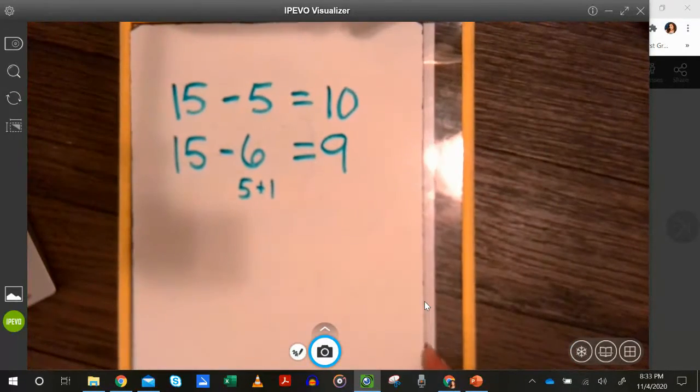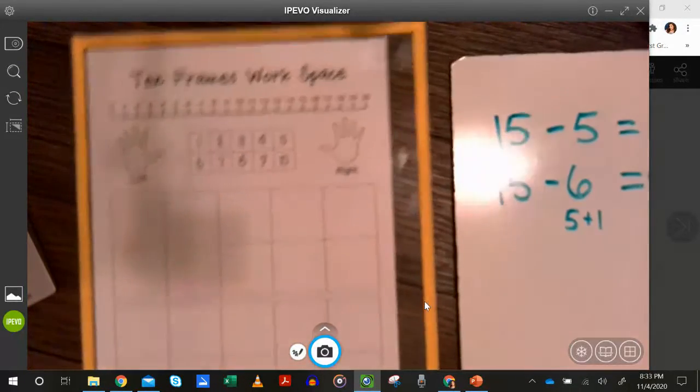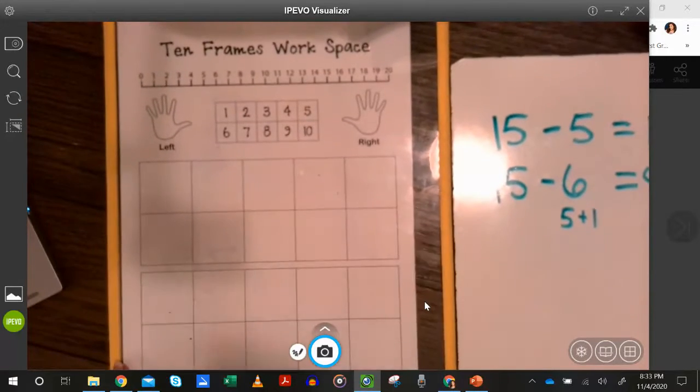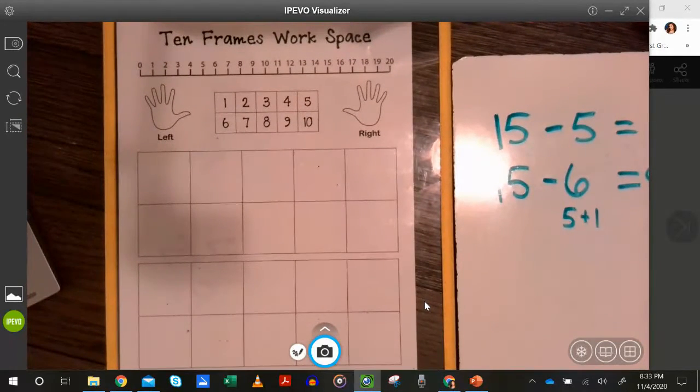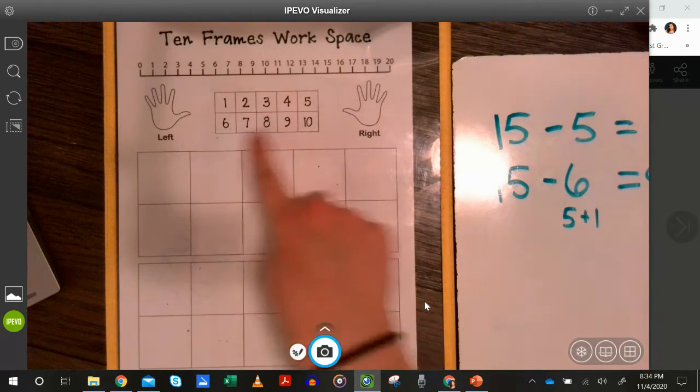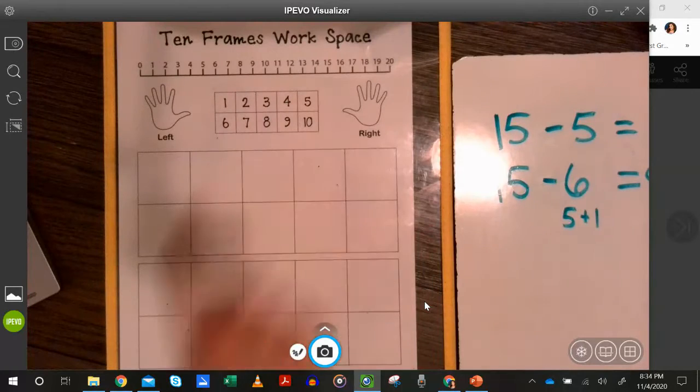Let's look at it on a 10 frame. If I have 15, we know that I would fill in a group of 10 and then straight across for 5 more. So let's quickly do that. I don't drop my counters.